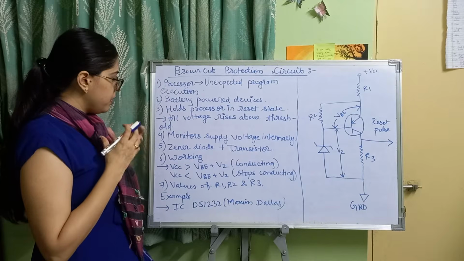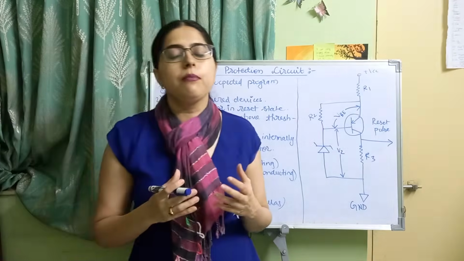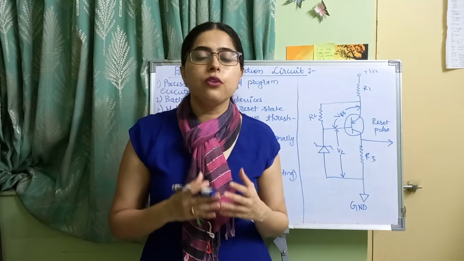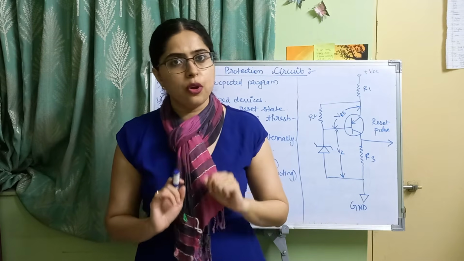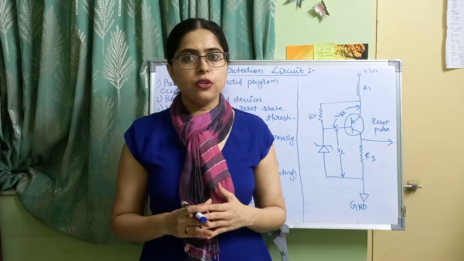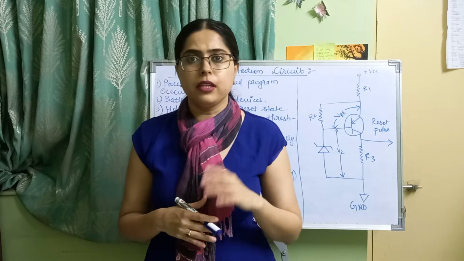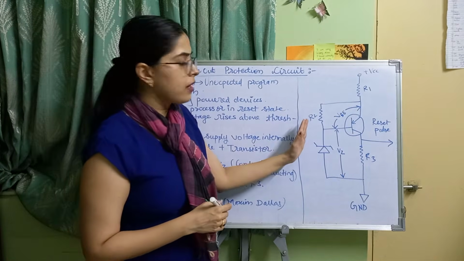Now there are some controllers or processors which have a built-in brownout protection circuit, and this built-in circuit monitors the internal supply voltage of the processor or the controller. Okay, there is a supply voltage to every processor or controller. To monitor that supply voltage, we have the brownout protection circuit. Now see, you can see the diagram on the right side.